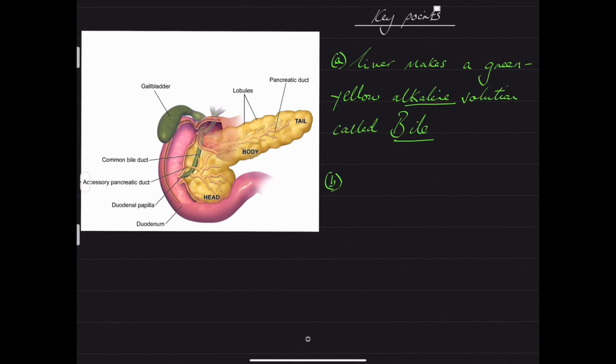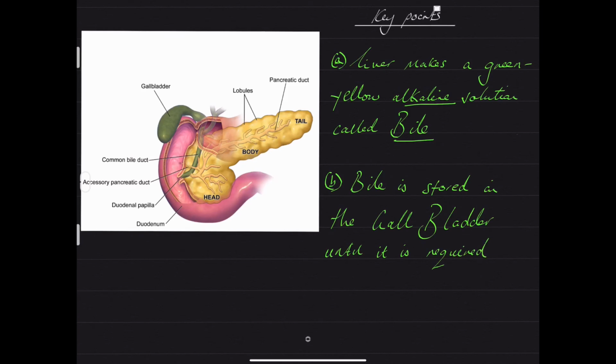So we can say that bile is stored in the gallbladder until it is required. So it's made in the liver and then it is stored in the gallbladder until it's needed.